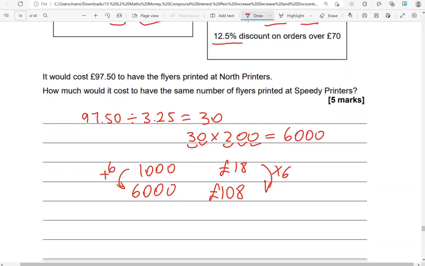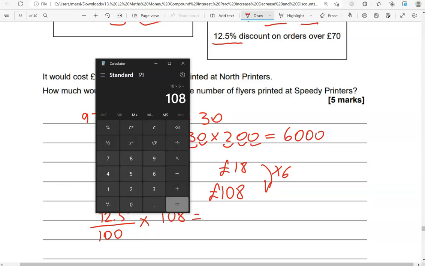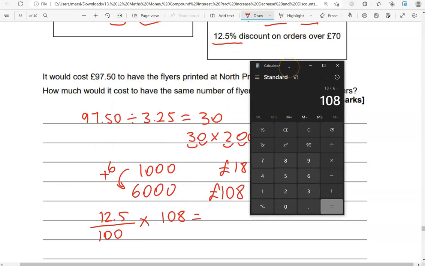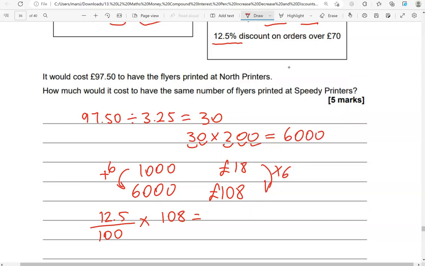So we're going to do 12.5%, which is 12.5 out of 100, of the amount, which is £108. So it's like multiplying 108 by 0.125, which is 13.5. So that's the discount.